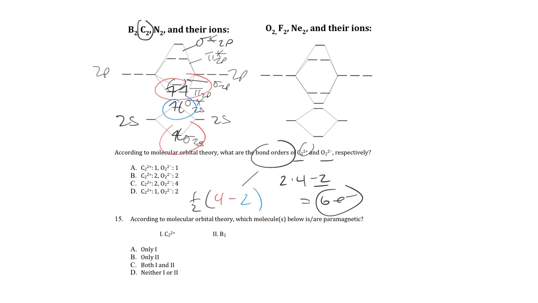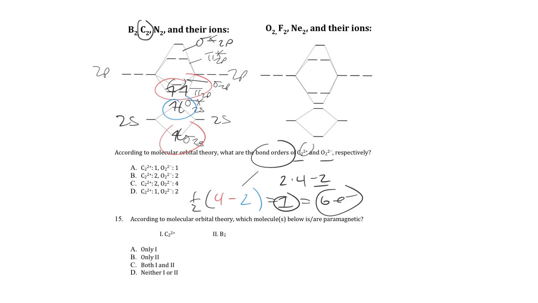So you take the total bonding minus the total antibonding in the diagram, and the net here for C2 2+ works out to be 1. And having 1 means we have 1 pair of electrons on average between the nuclei, so we have a single bond between the 2 carbon atoms, and C2 2+ is 1.